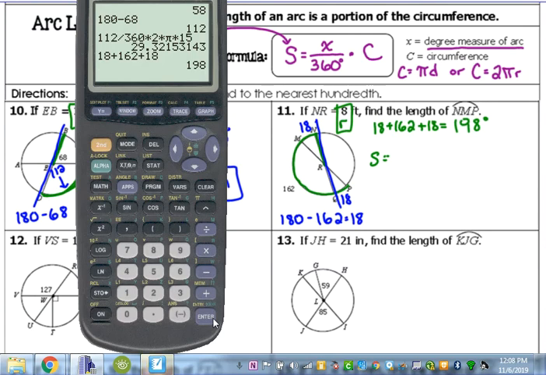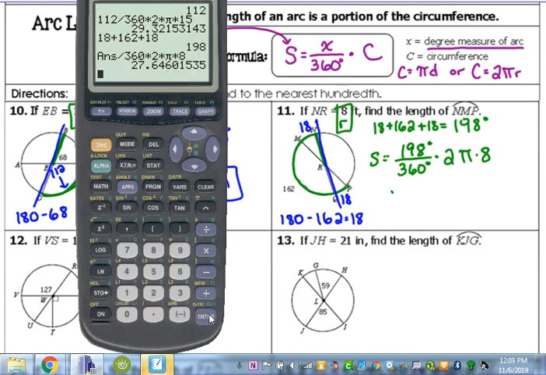So the arc length is our degrees over 360 times the circumference. We have the radius, so we use 2 pi r. 2 pi times 8. Multiply it all out. 198 over 360 times 2 times pi times 8. Our arc length is 27.65.